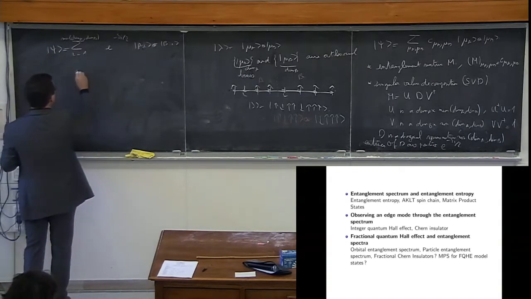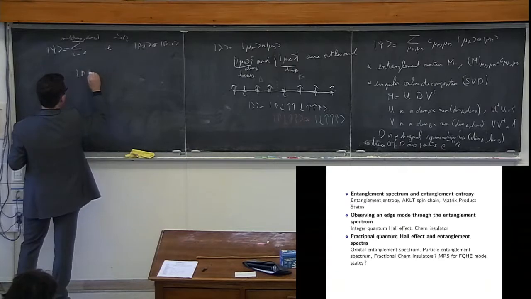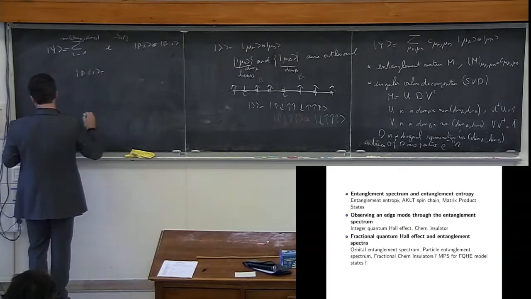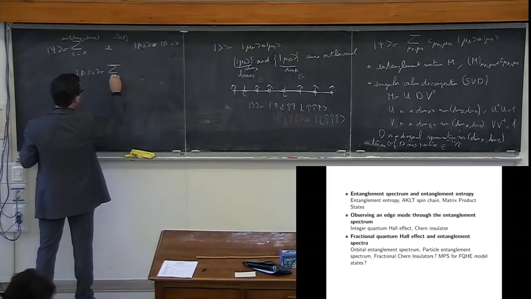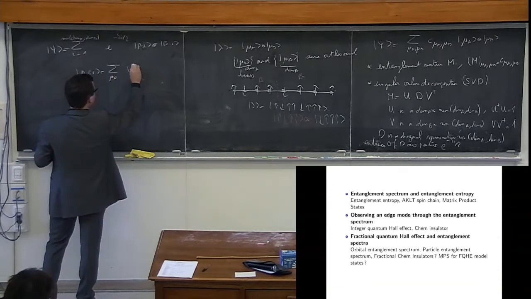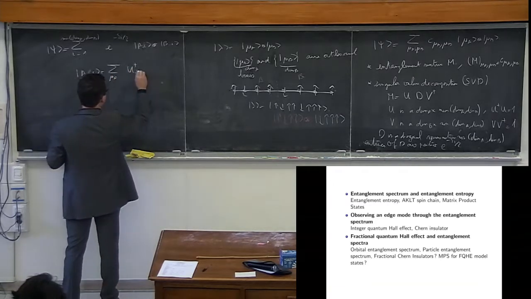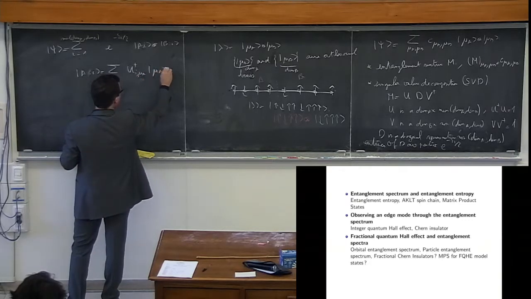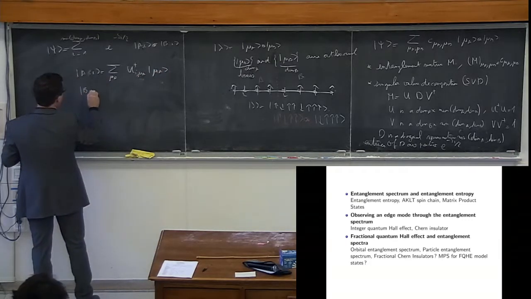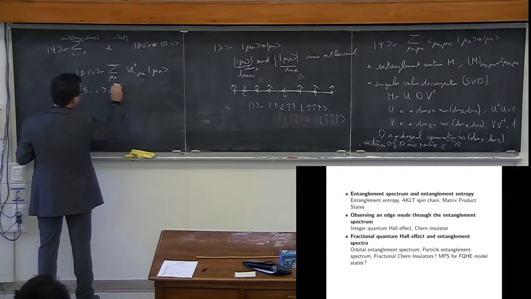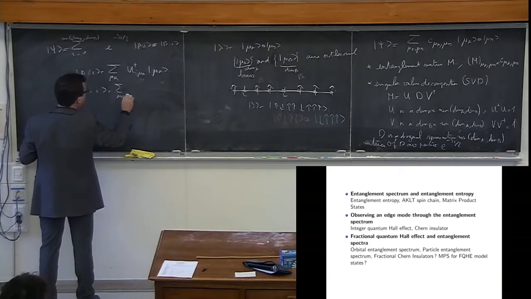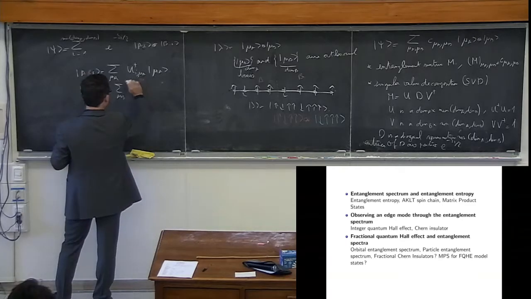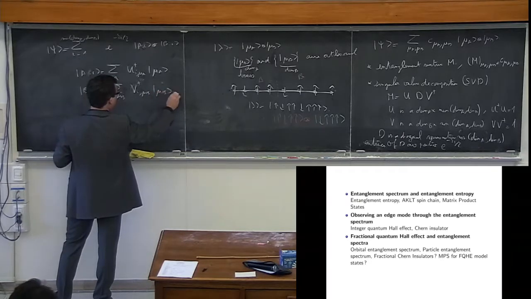And I give you the definition of these two states. A I is just the sum over mu A of U dagger, I, mu A, mu A, and B I is the sum over mu B of V dagger, I, mu B, mu B, right?